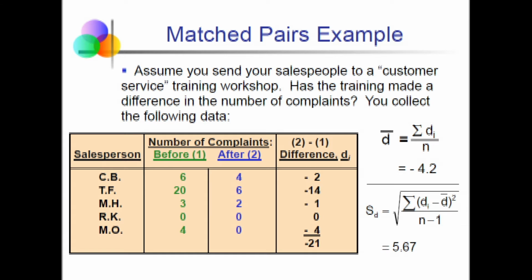So we take the differences and then find the mean difference, which is minus 4.2. The standard deviation of the differences is 5.67. So our hypothesis is that mu1 minus mu2 is equal to 0.